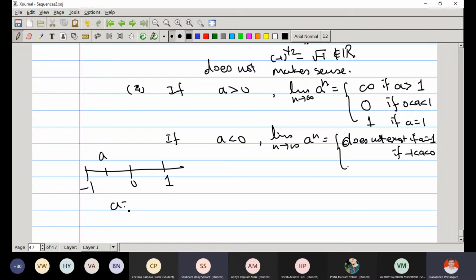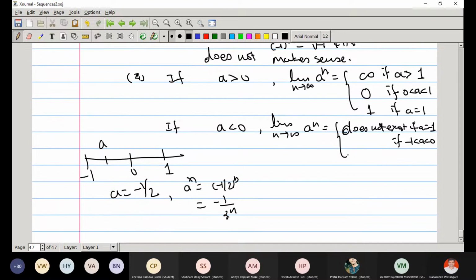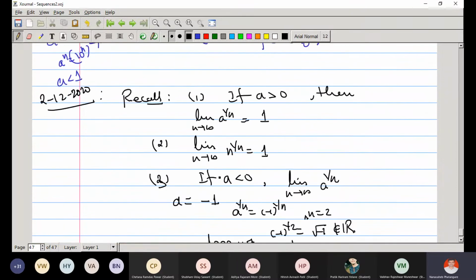For example, a is equal to -half, and a raised to n is minus 1 by 2 raised to n. Then as n tends to infinity, the limit is 0. And if a is less than minus 1, for example a is equal to minus 3, the limit does not exist. So in this way we can understand this.